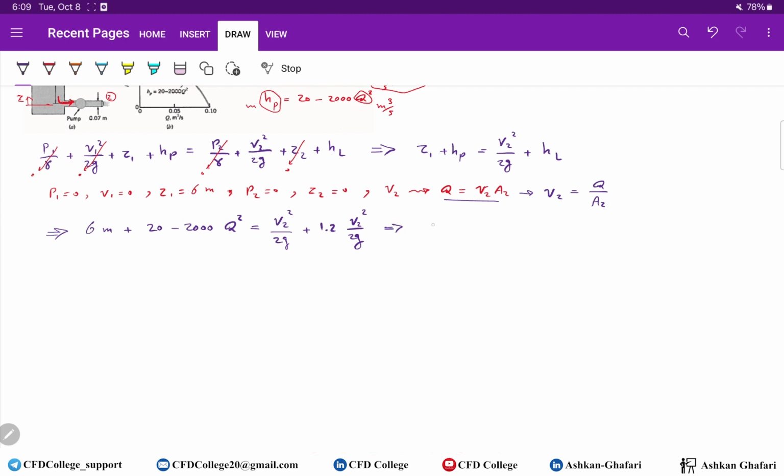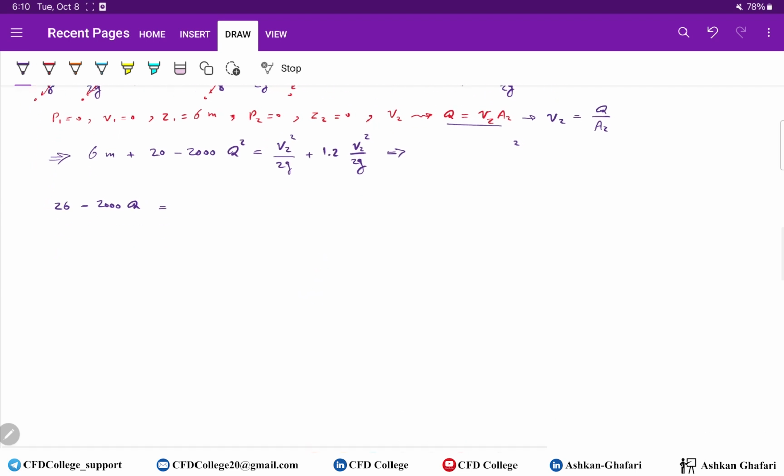If we replace the values, we have 26 meters minus 2000 Q square equals V2 square over 2G, which means Q over A2 square over 2G plus 1.2 Q over A2 square over 2G.